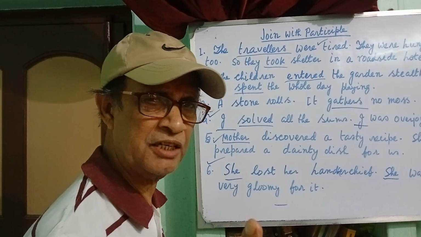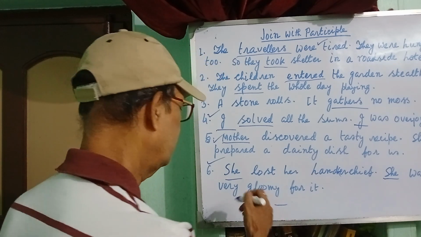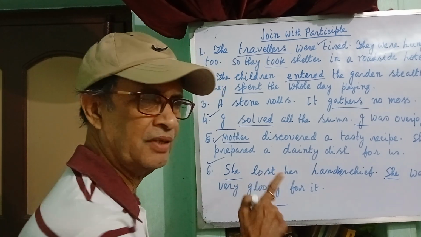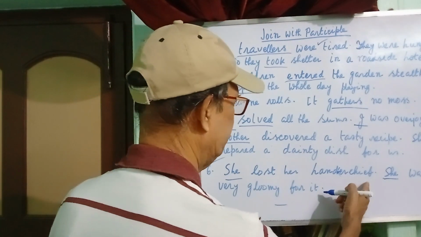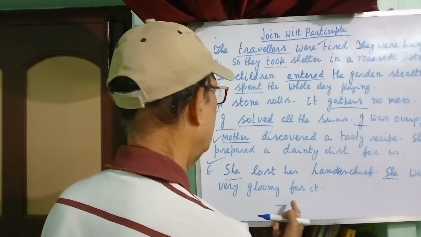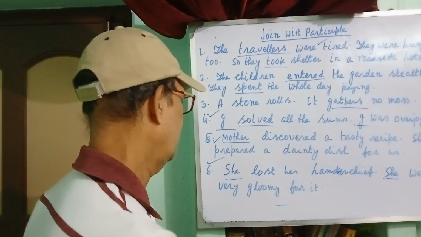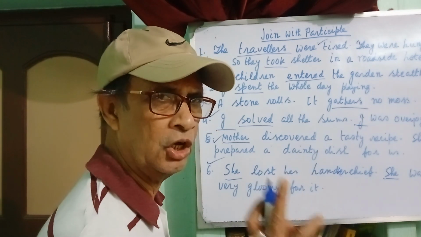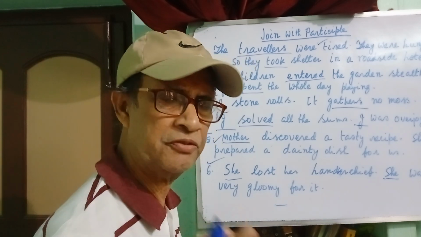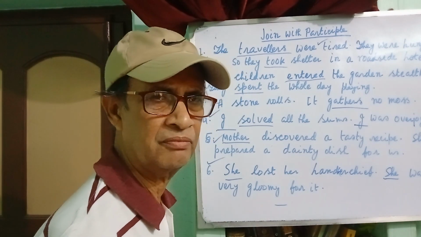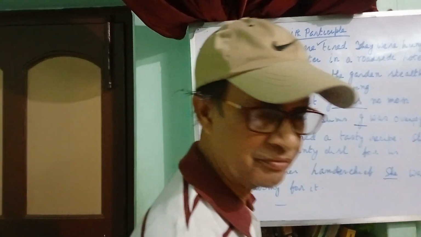So having lost, you see that having plus past participle of the verb: Having lost her handkerchief, comma, she was very gloomy for it. Or losing, L-O-S-I-N-G, losing her handkerchief, she was very gloomy. You may omit for it. It's your option. However, I am ending my lesson here.